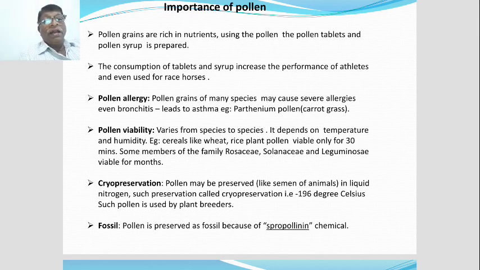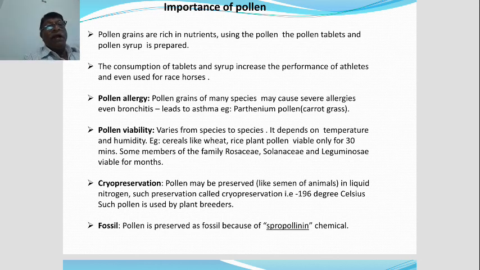Next, pollen allergy. The pollen grains of many species may cause severe allergies. For example, if we go near Parthenium, we will know. Immediately skin rashes occur, and we notice that kind of allergy. Pollen allergy happens. Even it enters into our respiratory tract. It causes bronchitis. It leads to what is known as asthma, a respiratory disease.